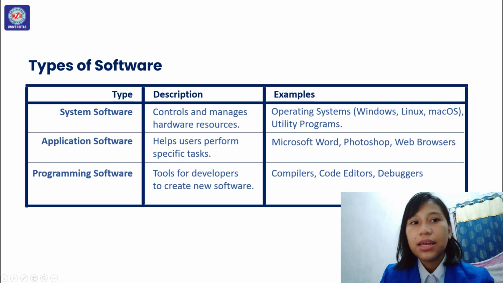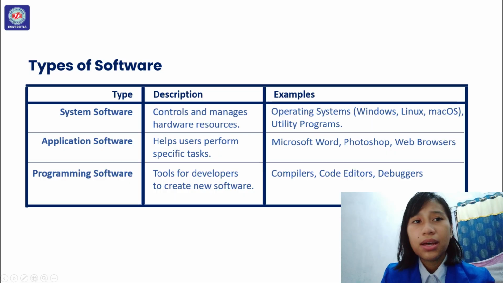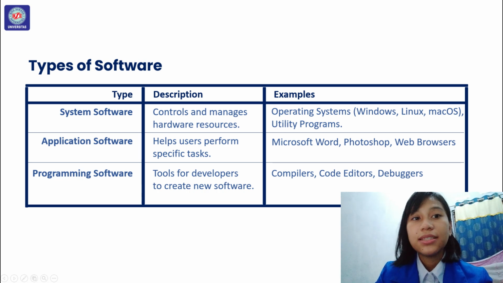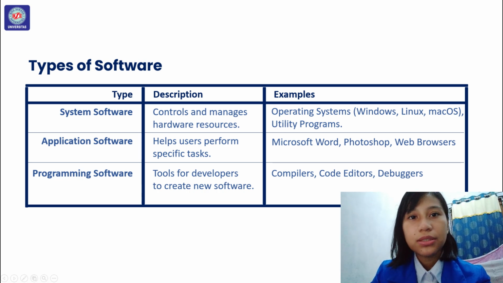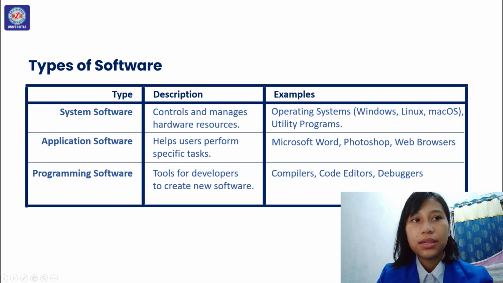Examples are web browsers, Photoshop, Figma, and more. And the last one is programming software. These are tools for developers to create new software. Examples are compilers, code editors, debuggers, and more.